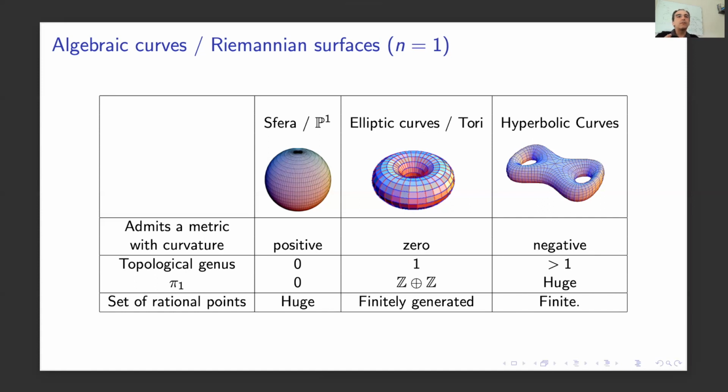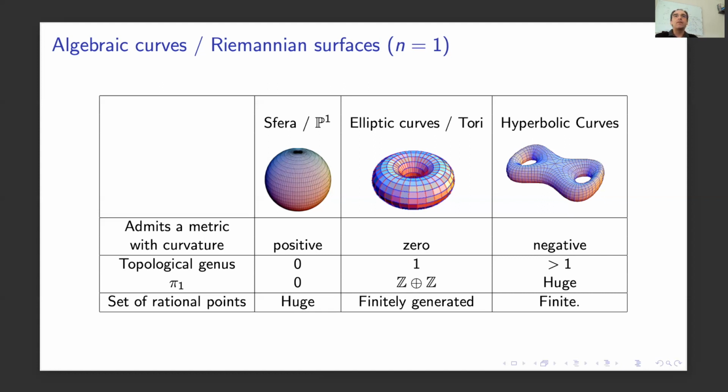This is not quite true, we might have to extend it by a number field, not only by taking rational points. But besides this technical point, it's well known that the sphere has a huge set of rational points, and many rational points, again allowing to extend the field a little bit.